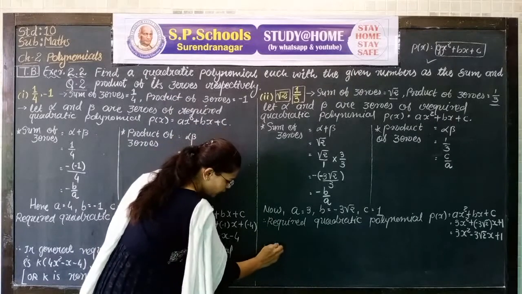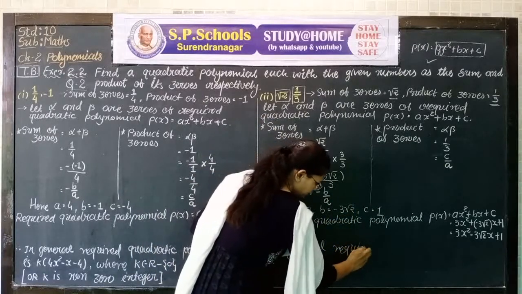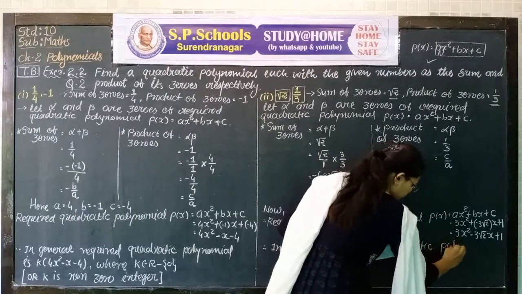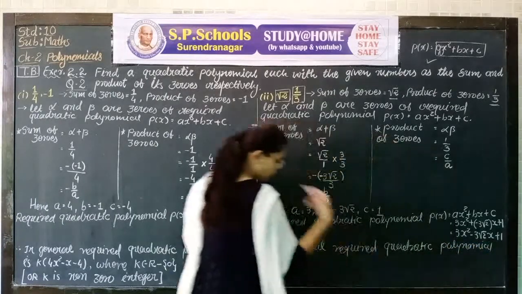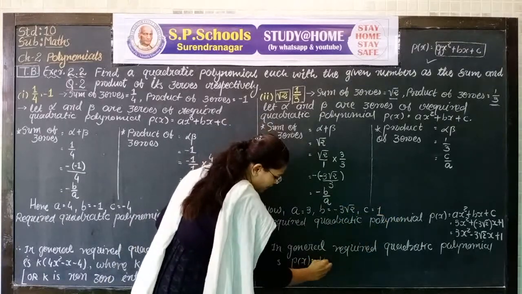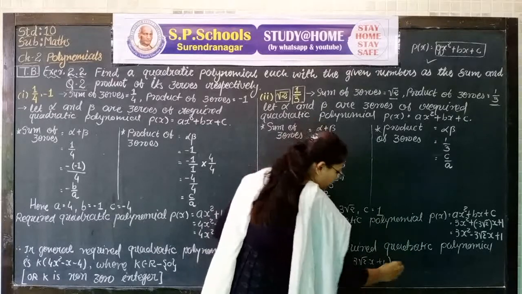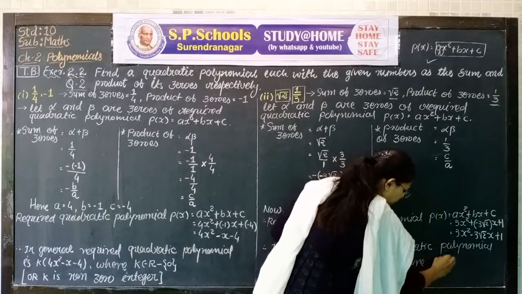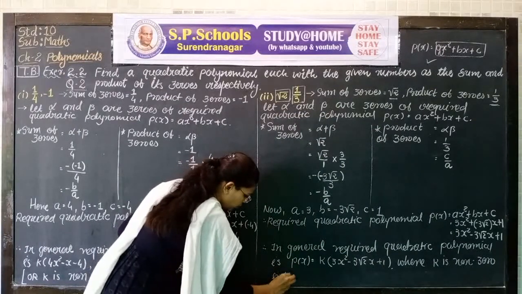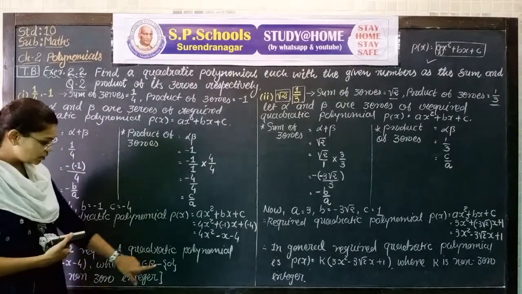That's why, in general, the required quadratic polynomial is p of x is equal to k into the bracket 3x square minus 3 root 2 x plus 1, where k is a non-zero integer, or otherwise written in symbolic form, k belongs to R minus 0.